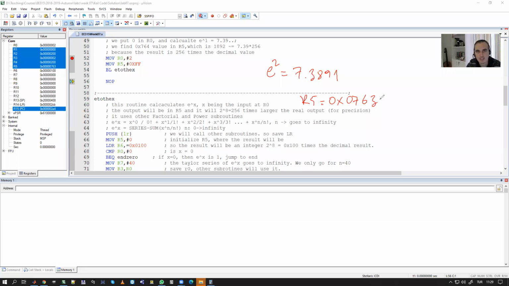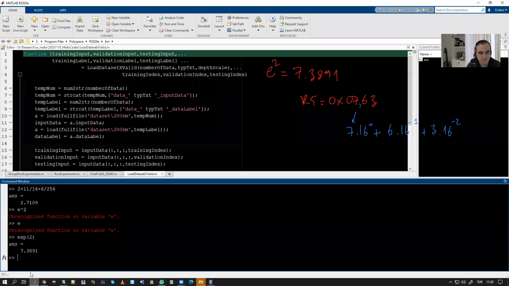And since I was multiplying with 256, that's the sign here. So what we have here is 7 times 16 to 0, 6 times 16 to minus 1, 3 times 16 to minus 2. Let's calculate this in MATLAB: 7 plus, because it's 7 times 1, 6 over 16 plus 3 over 256.